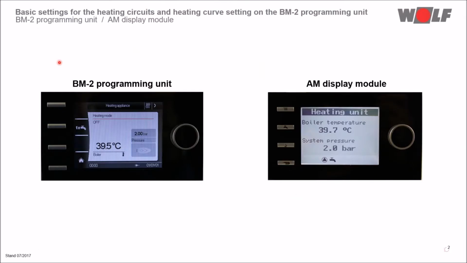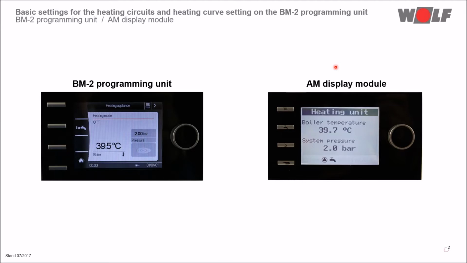On the left you can see a BM2 programming unit and on the right a display module. Appliances must be fitted with a display module if the programming unit is used as a wall-mounted remote control or in cascade systems. In this connection, please note that heating appliance parameters can only be called up on the appliance itself.